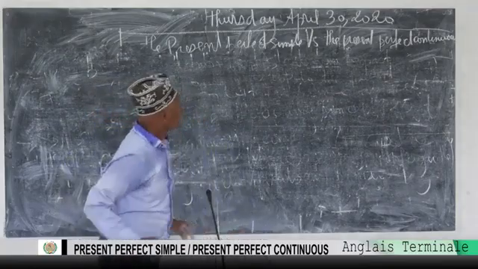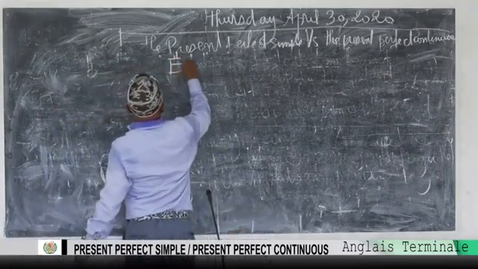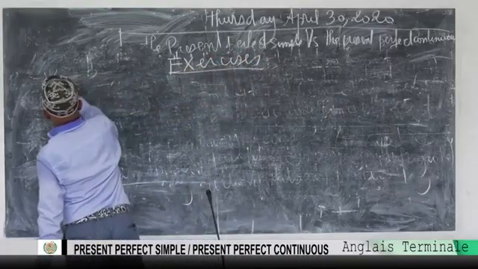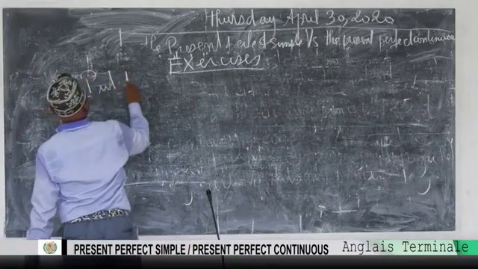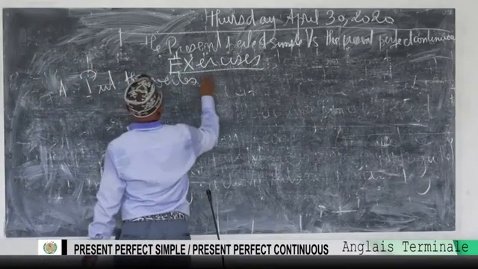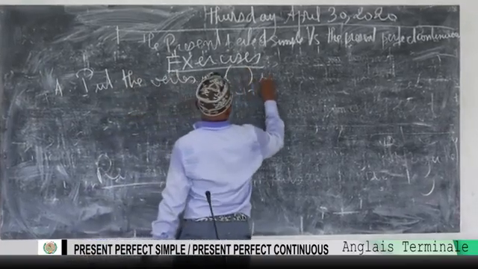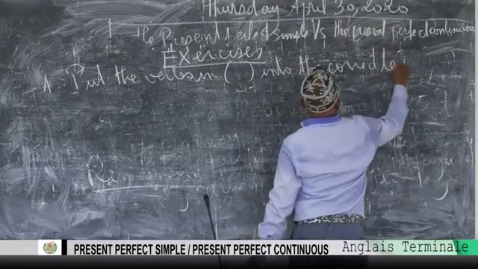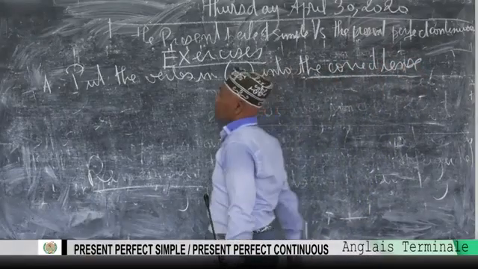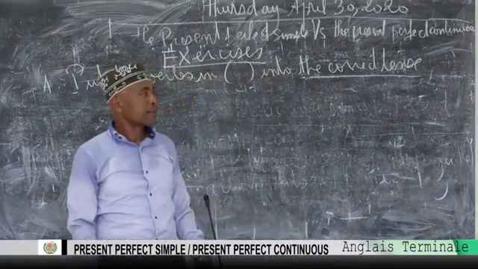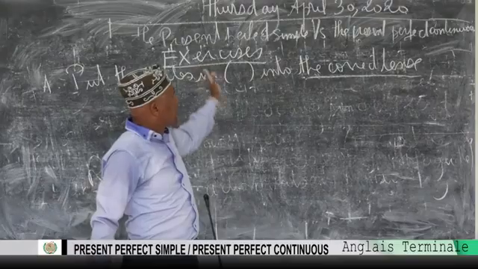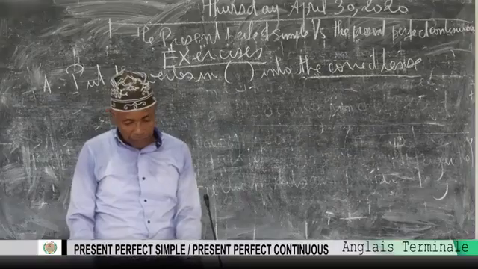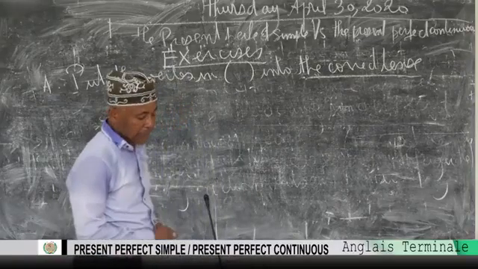So first, exercises. Put the verbs in brackets into the correct tense. What I mean by correct tense is either use the present perfect simple or the present perfect continuous. Okay? Fine?